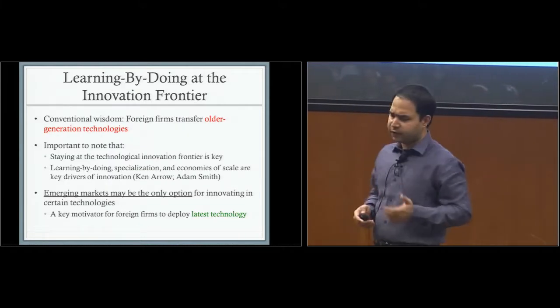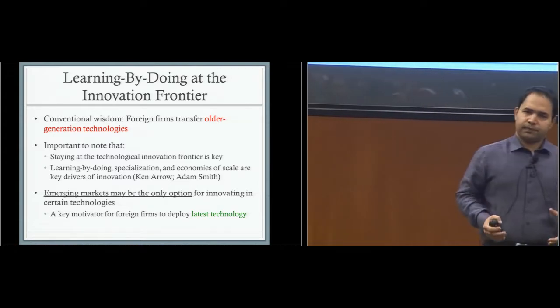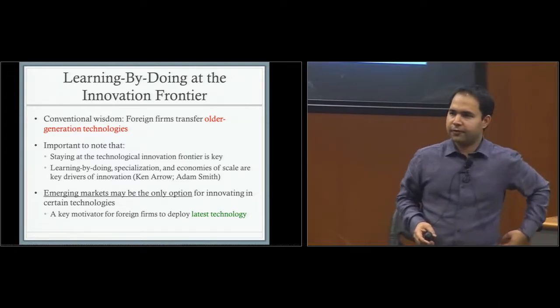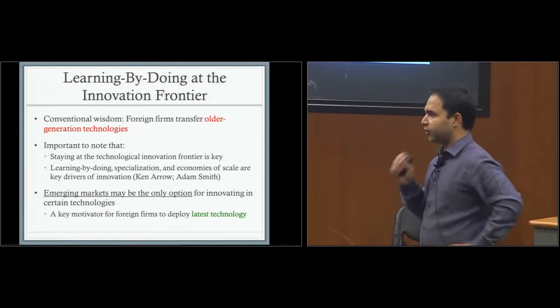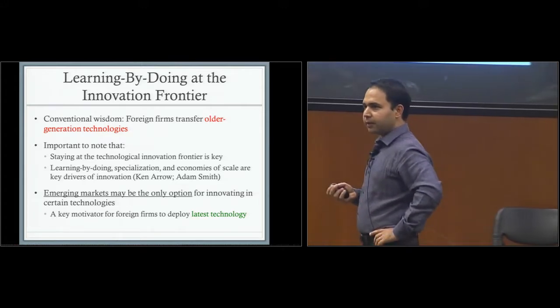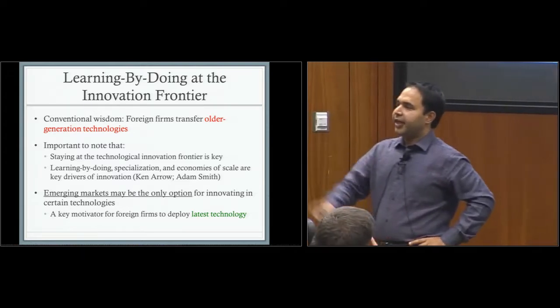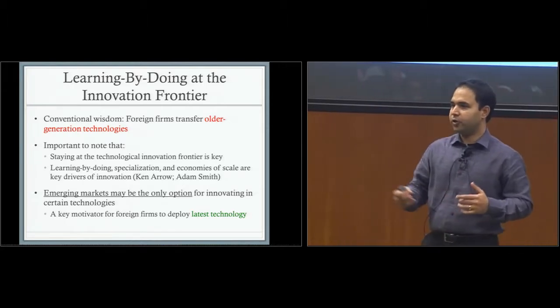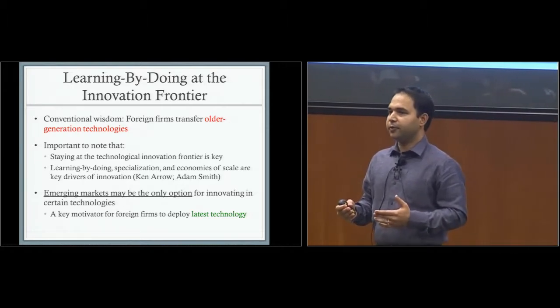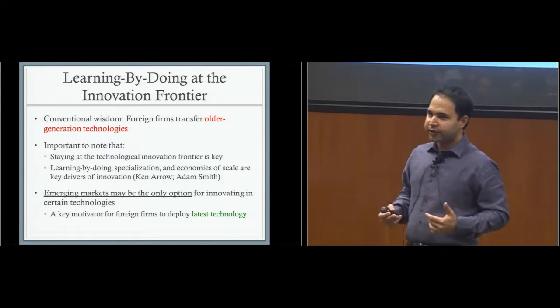But there's one thing that we found that was very interesting. Most of the literature says that foreign firms who form these partnerships bring older generation technologies, because if they try to engage in cutting-edge technology transfer, they are more at risk. So by implication, they would bring older generation technologies and reduce their risk.